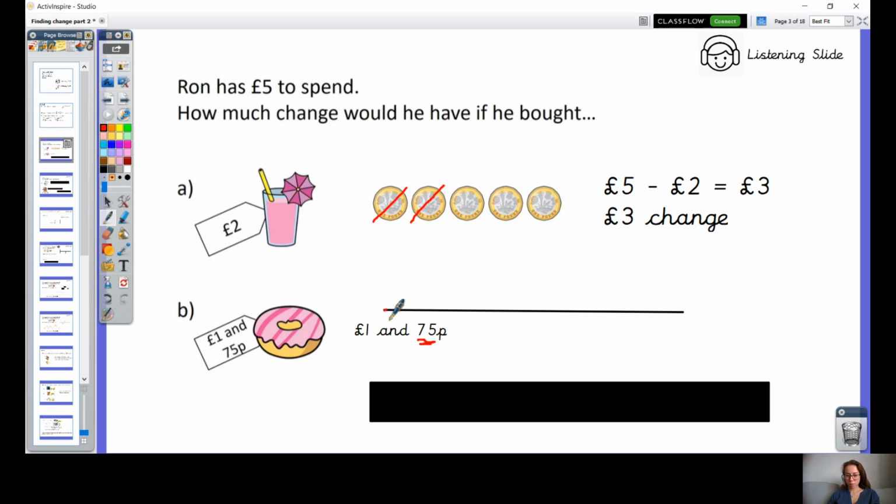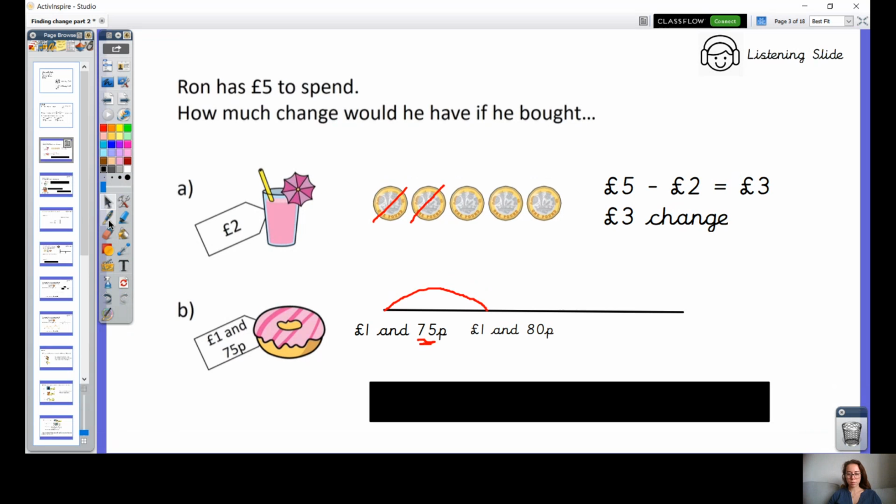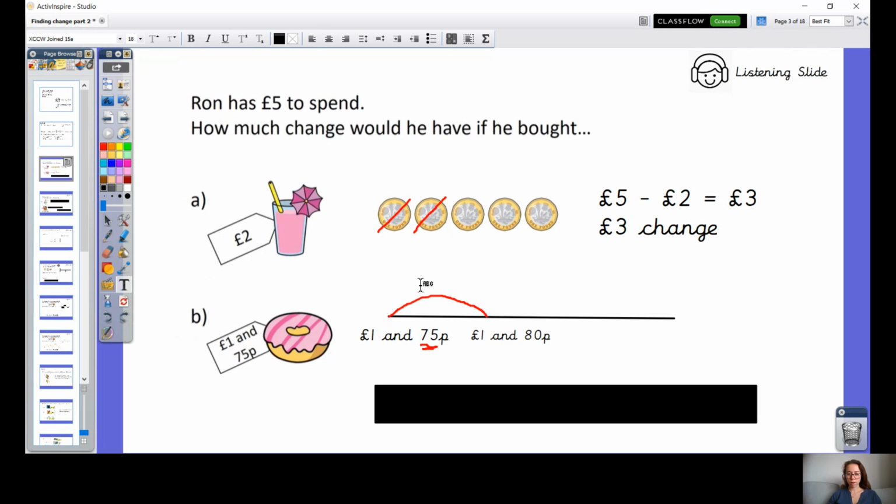So I'm going to do a jump here to go up to, oh, this is very tricky with a pen. Let me get my text box. I want to go up to £1 and 2p. I've done my jump up to there, and so far that would be on 5p, wouldn't it?